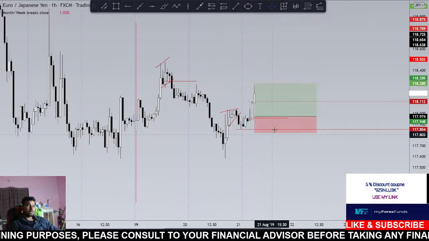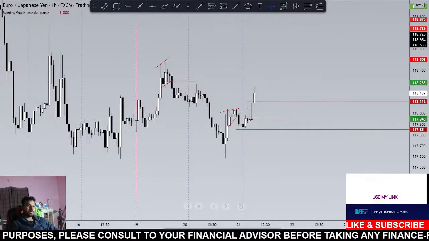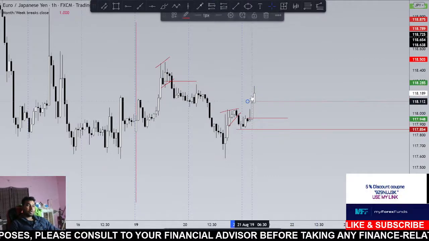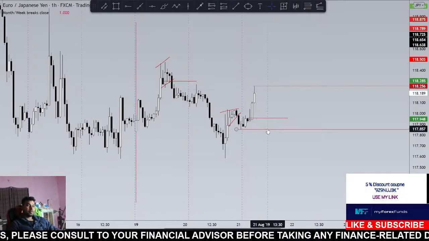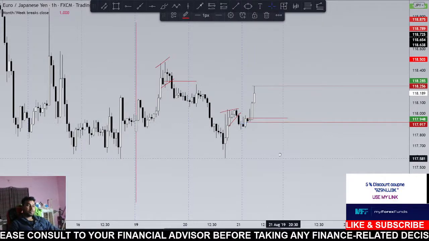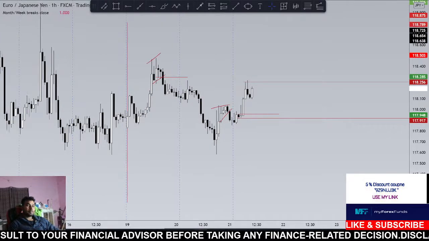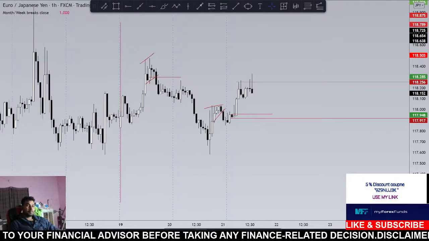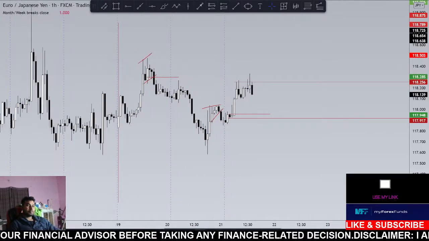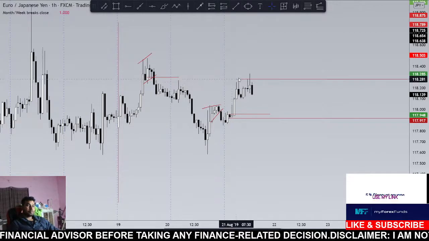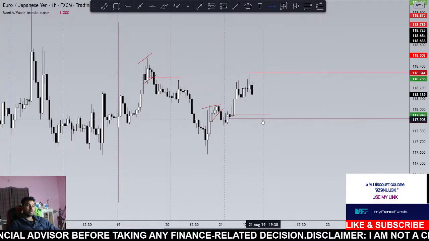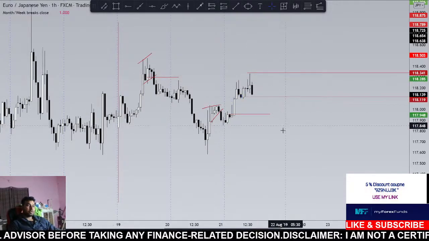But after this wick, I don't want to place my entry. I'm just removing it because I don't want to take a sudden entry. If it gives me some sort of range, then I would like to place my entry again. Now the market has again started showing some sort of ascending market condition.